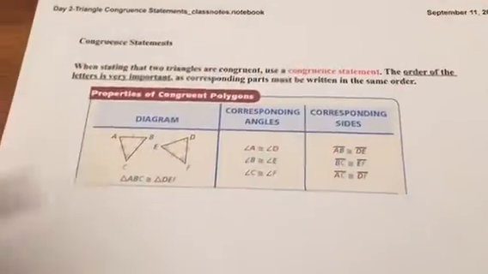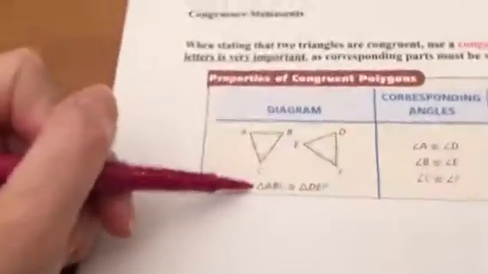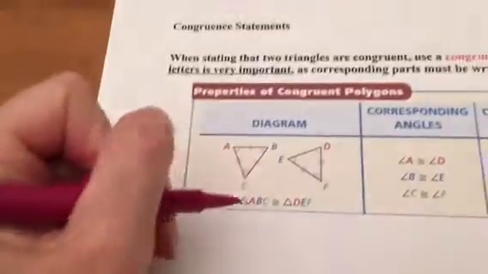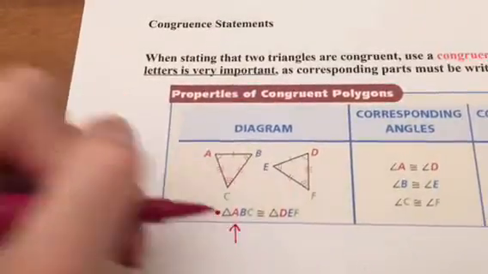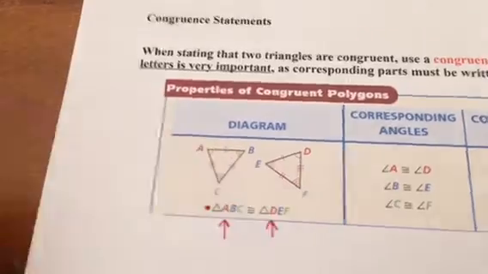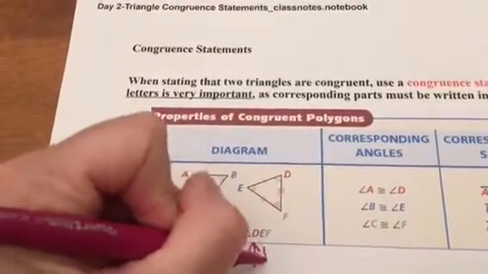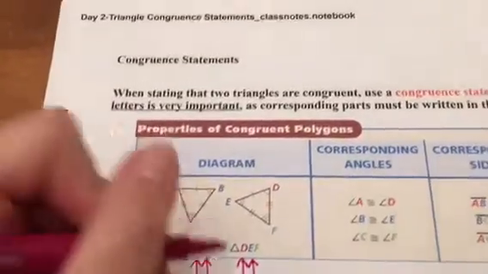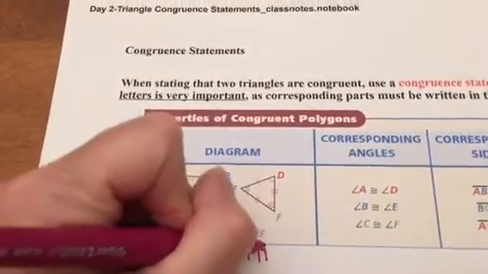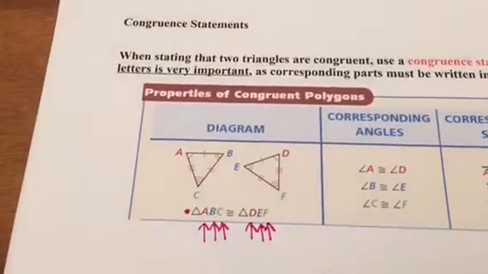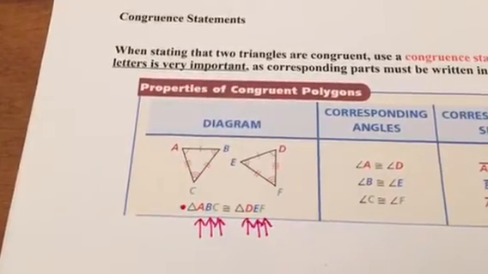But so now if I say triangle ABC is congruent to triangle DEF, what that tells me is that angle A is congruent to angle D, angle B is congruent to angle E, and angle C is congruent to angle F, because I have to pay attention to the order that the letters are written in the congruency statement.